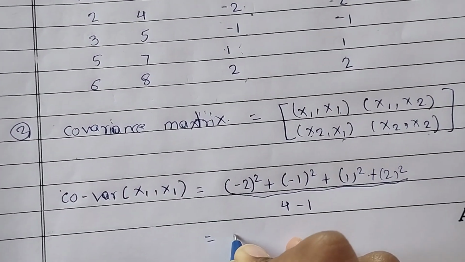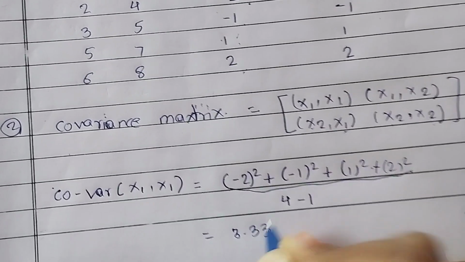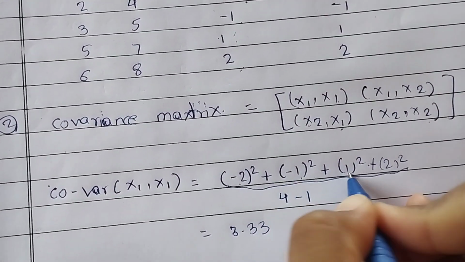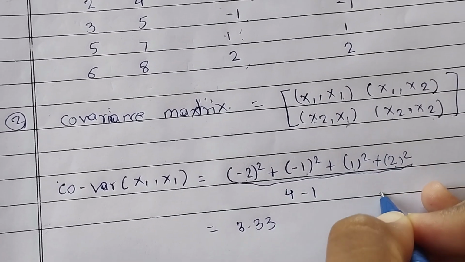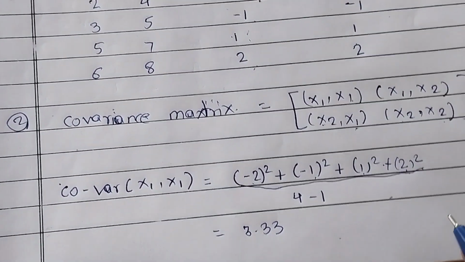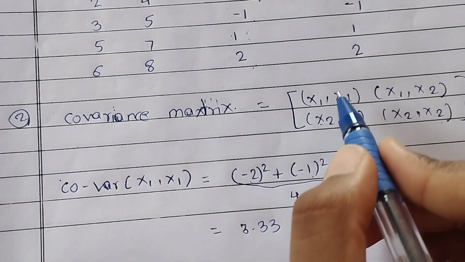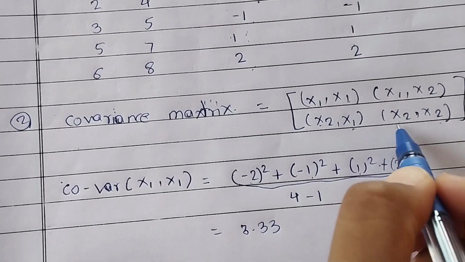This is 3.33, because 4 plus 1 is 5, plus 1 is 6, plus 4 is 10, and 10 divided by 3 is 3.33. So this is the first entry of the matrix.